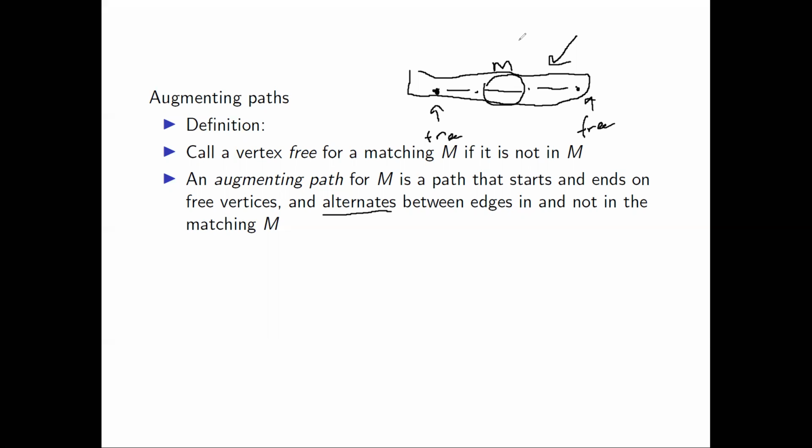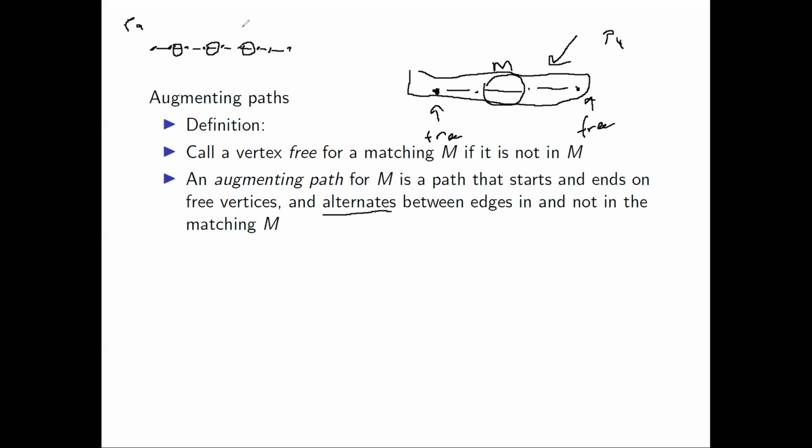We can look at another example that's a little larger. So here's a P9. On P9, we can pick some matching here. So we can take this matching, for example. So these edges are disjoint that I'm choosing.